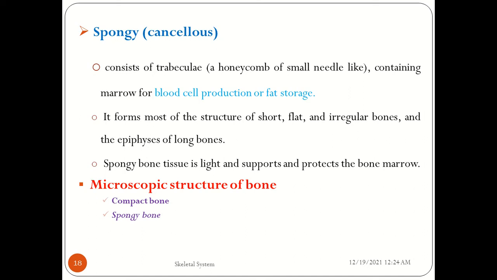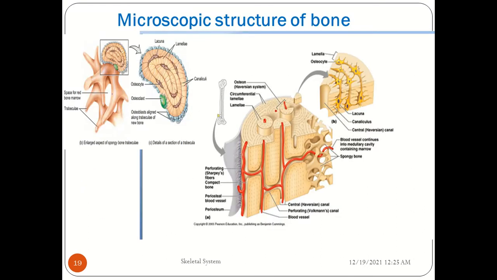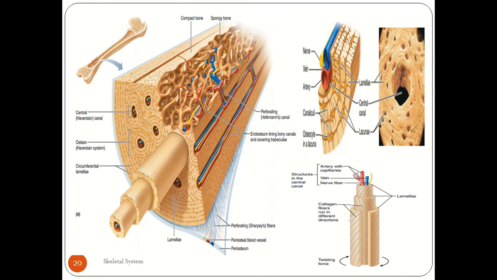So microscopically, as well, bone is divided into two: compact bone and sponge bone. So this is bone. This is compact bone. This is sponge bone. This is bone. This is blood vessels.